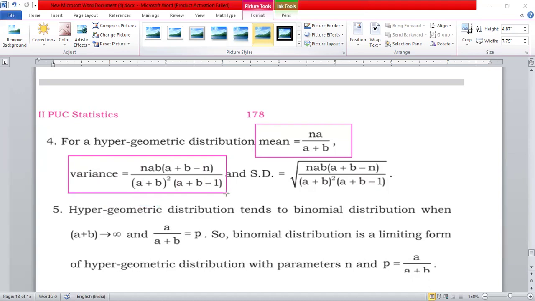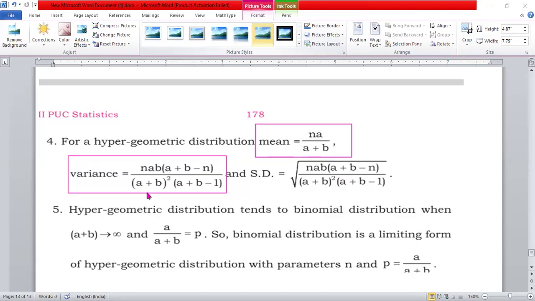So NAB into A plus B minus N, numerator is minus N, denominator is minus 1. And denominator A plus B the whole square into A plus B minus 1. Root of that will not give variance; it should be the variance.